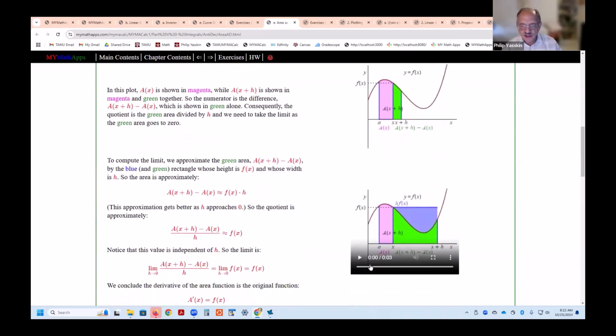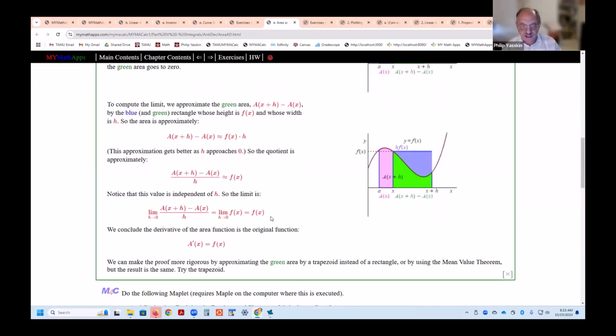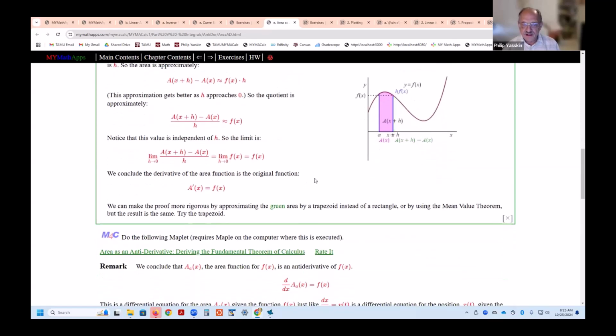So here we approximate that area by a rectangle, and the area of the rectangle is the base h times the height f of x, h times f of x. When you divide that by h, you get back to f, and that's basically the proof of the fundamental theorem of calculus, done graphically.